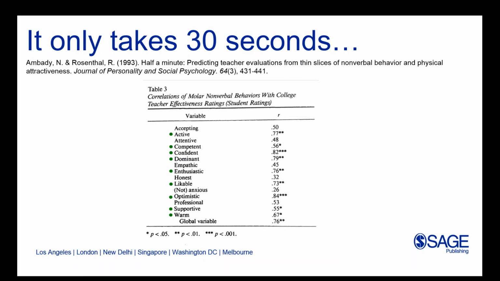What I didn't tell you about this 30 seconds of video was that the students rating it could not hear the professor. It was all nonverbal. So the takeaway here is when you're preparing the room, we do need to think about our own nonverbal cues. You know, are we coming across as competent, confident, active, enthusiastic, likable, optimistic, supportive, and warm?